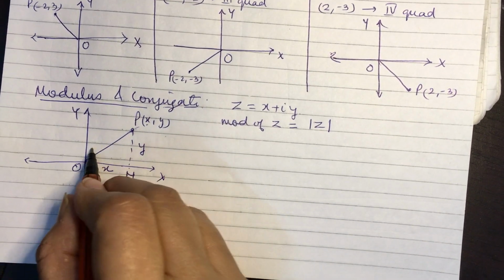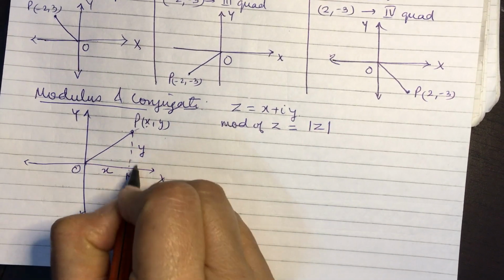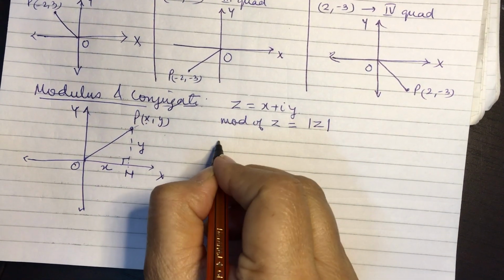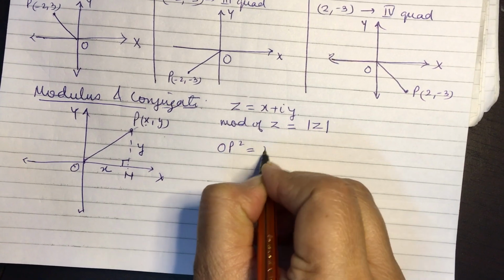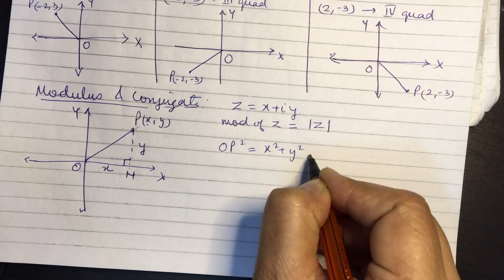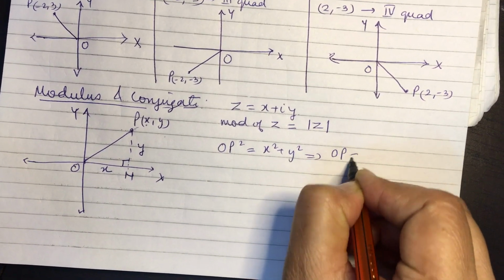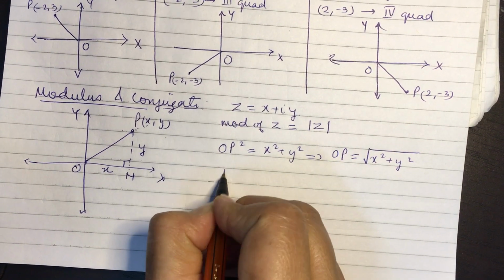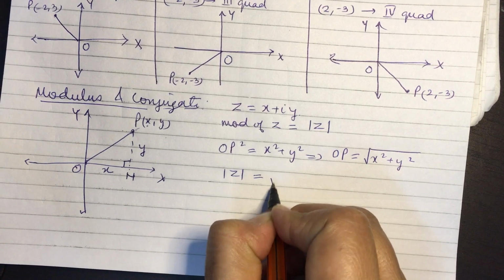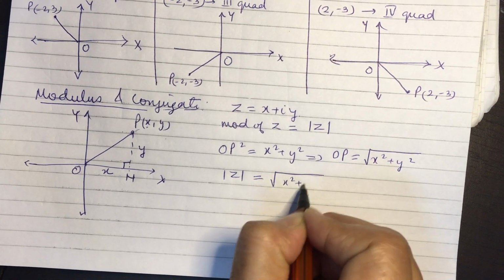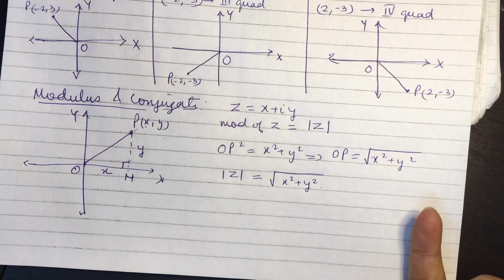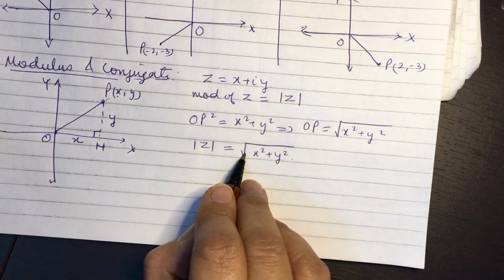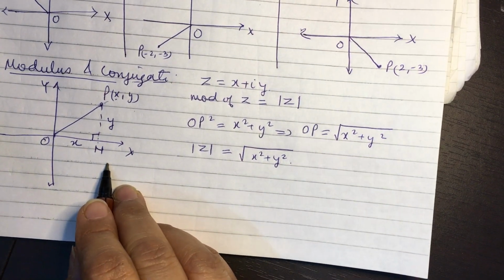So, OP square, by Pythagoras, since this is a right angle triangle, would become x square plus y square, which gives us OP is equal to under root of x square plus y square, but OP is mod z. So, modulus of z is equal to under root of x square plus y square. This is the meaning of modulus of the complex number which we had discussed earlier.